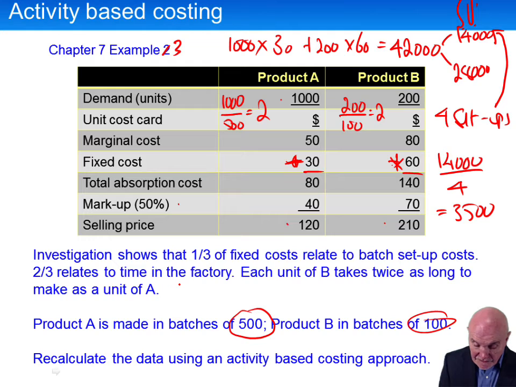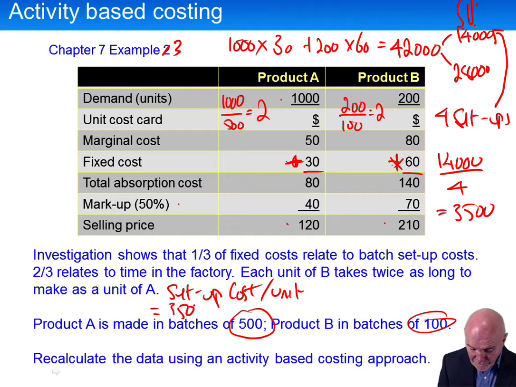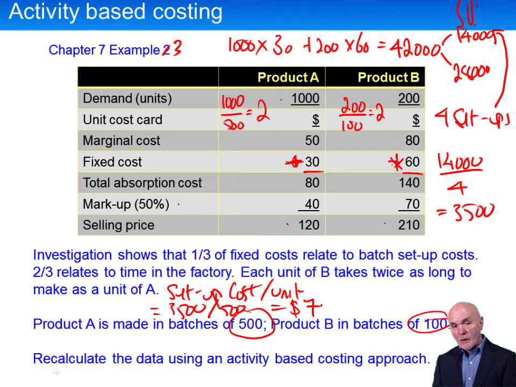So the setup cost per unit for product A here is going to be 3,500 over 500, which is equal to 7. For B, still for one setup cost of 3,500, we are, however, only getting 100 out of that, so it equals 35.